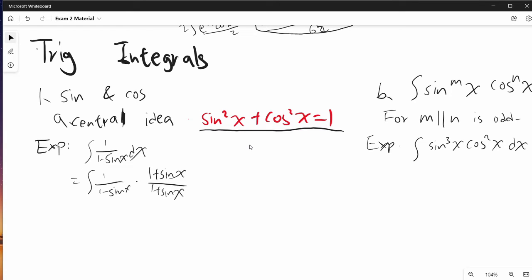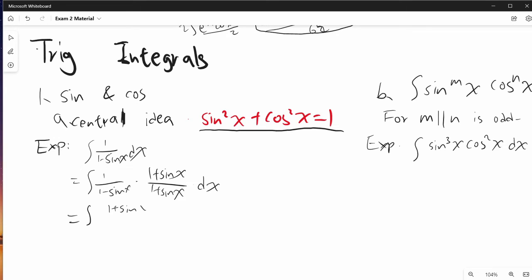Right, for example, if I have to integrate 1 over 1 minus sine x dx, what I can do is multiply top and bottom by 1 plus sine x. And what this does is that this completes the difference of squares, right?